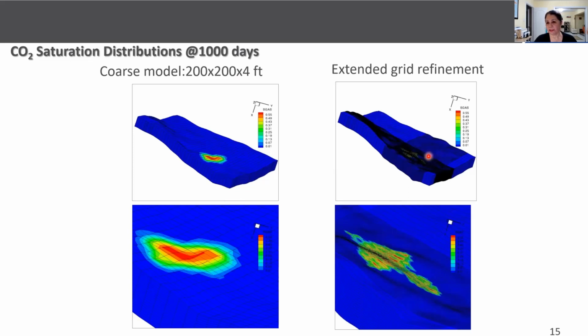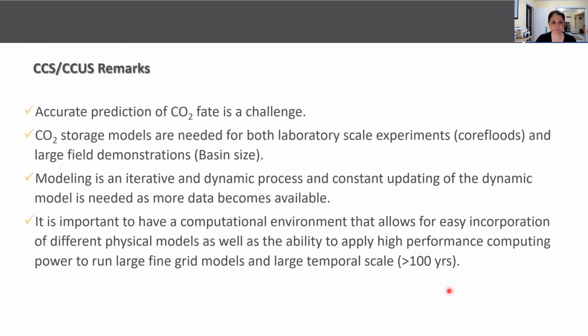But when we did grid refinement with very fine grids, you can compare on the zoomed-in graph the plume with the grid refinement versus the original coarse grid. Again, this is very critical to know the extent of the plume for your monitoring and surveillance activities.